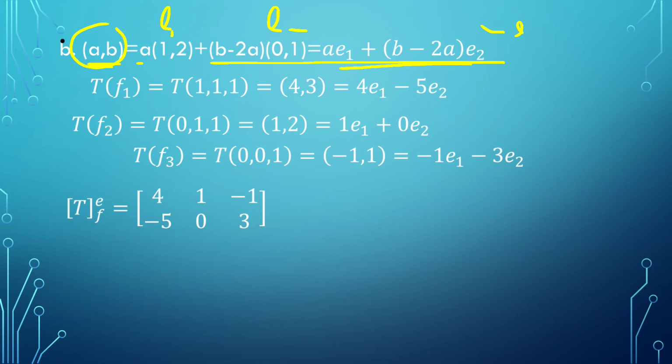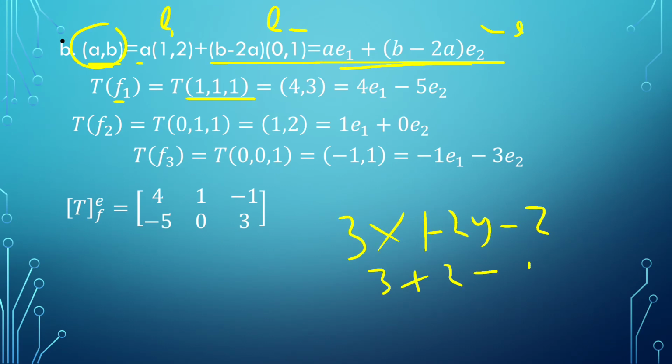T(1, 1, 1). So what is the definition for T? It is (x, y, z). Our x in this case is 1, y is 1, z is 1. So substituting into 3x plus 2y minus z, you can see we have 3 plus 2 minus 1, which is basically 4, and we place this 4 here.